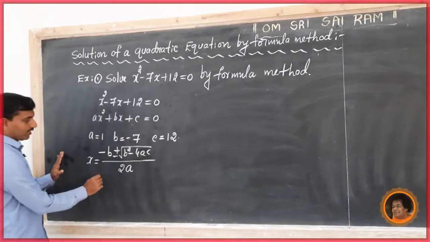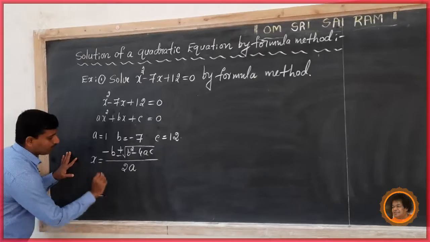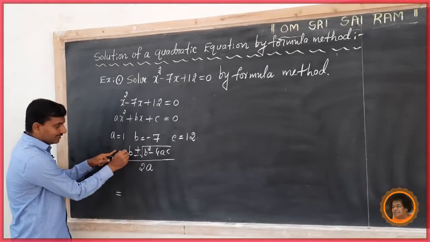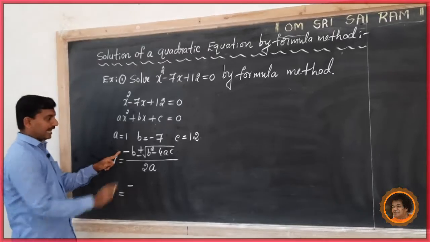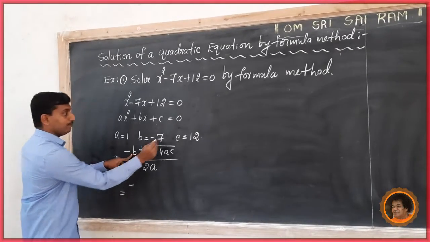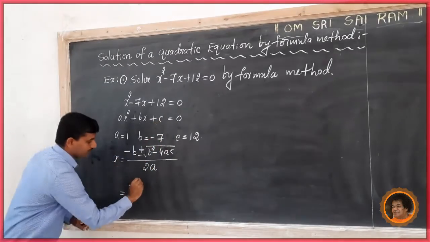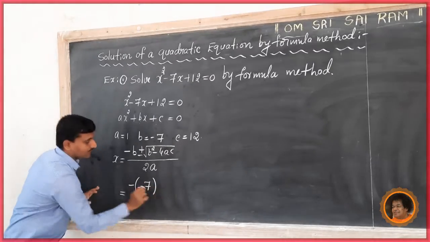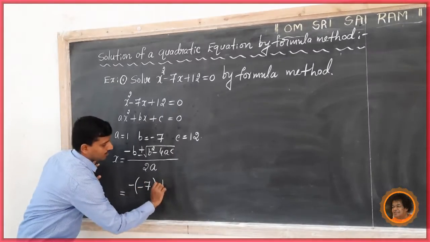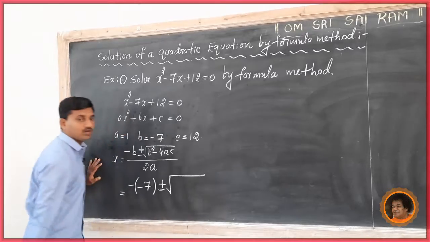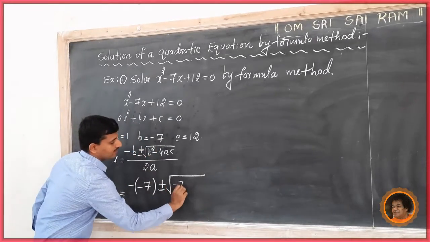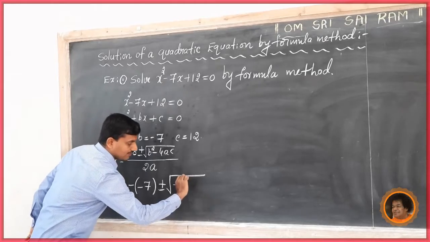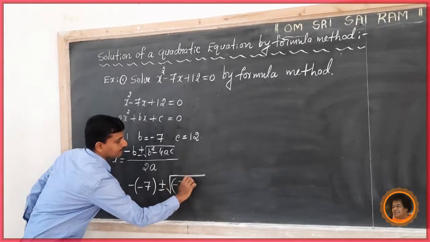Now substitute the values of a, b, c. Minus b: there is a minus sign in the formula, put minus sign. And what is the value of b? b is minus 7, so minus into minus 7. Plus or minus square root of b square. b is minus 7, so b square means minus 7 whole square.